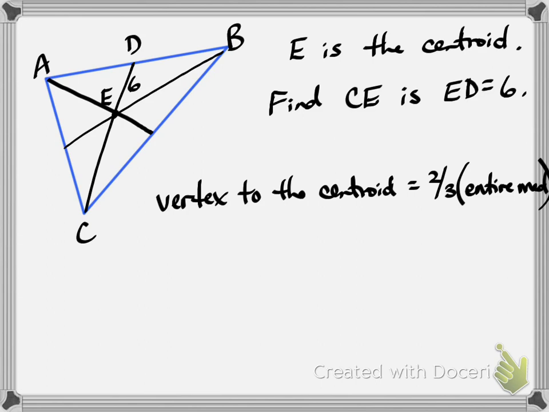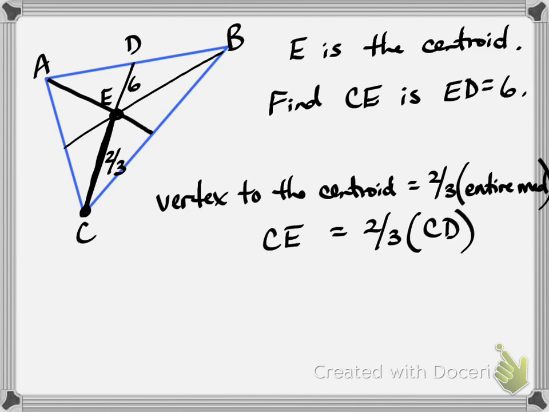Well, vertex to centroid, here's the vertex, here is the centroid, so we're talking about that section right there. CE is 2/3 of the entire median, so this is the 2/3 part of the entire median.